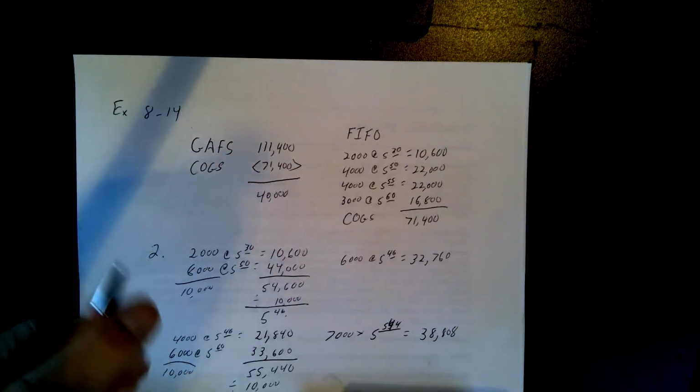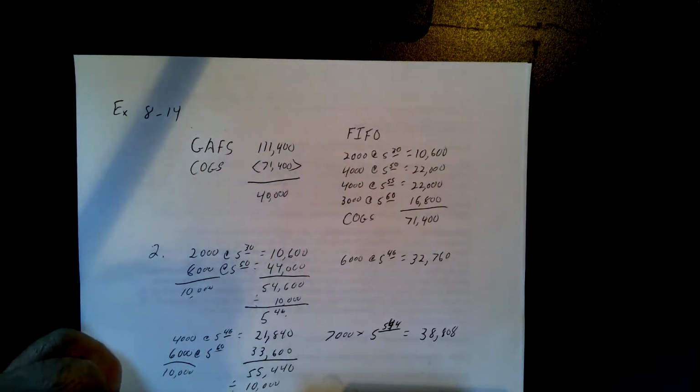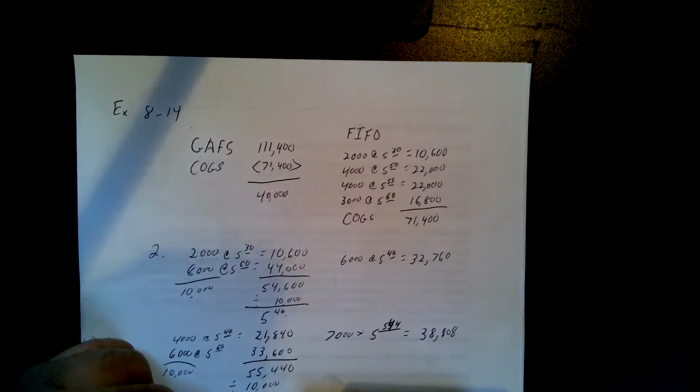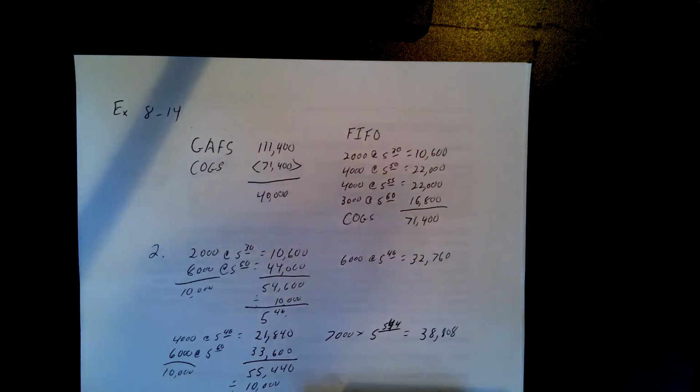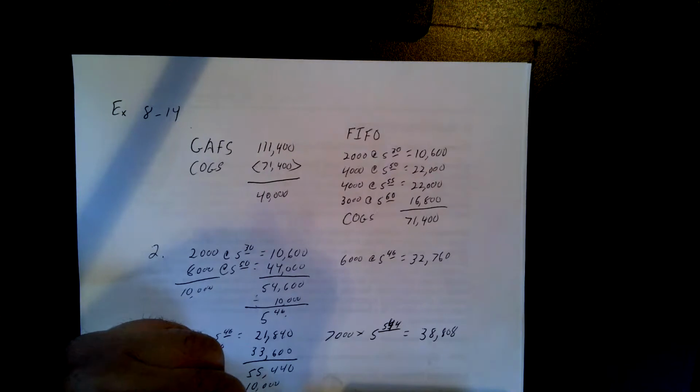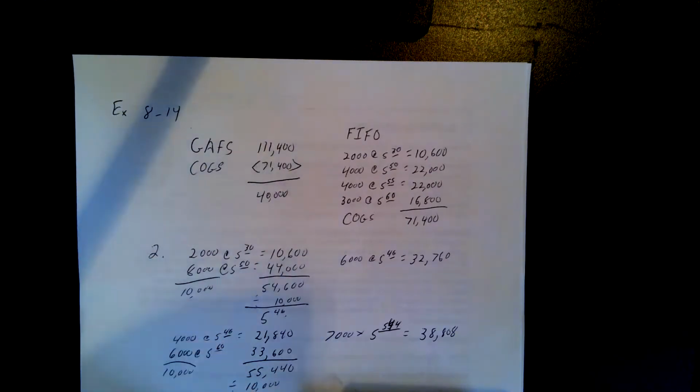Okay, so then we purchased 4,000 units at $5.80. And that's 23,200. Add that up, we get 39,832. This will be our ending inventory.